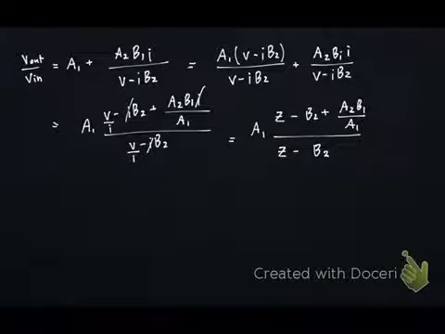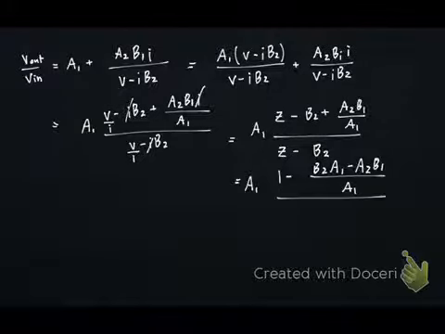Okay, cool. So now all we need to do is rearrange it in the form that the extra element theorem was originally presented in. So if we divide everything by Z, we get 1 minus, and I'm gonna multiply this B2 by A1 over A1, so it's 1 minus B2 A1 minus A2 B1 over A1 divided by 1 minus B2.